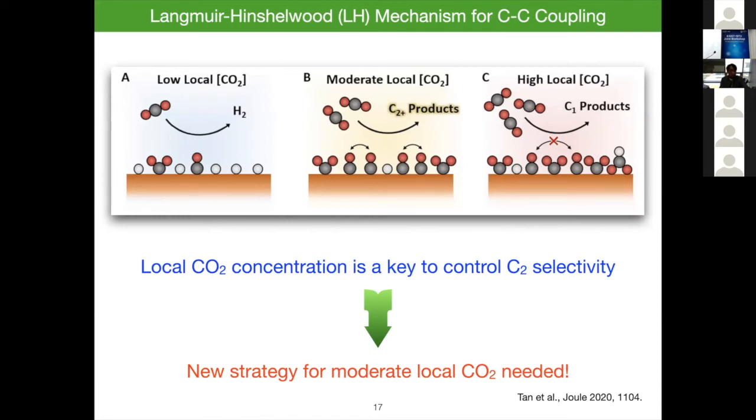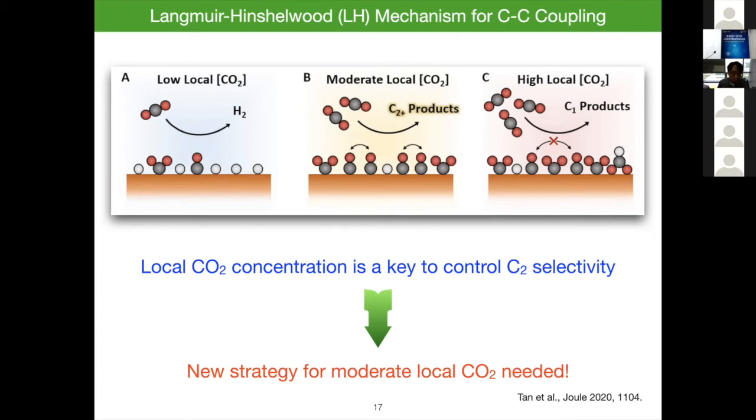So at low CO2 concentration, there's simply not much CO on the surface, so only hydrogen evolution occurs. At a moderate CO2 concentration, we have the optimum surface coverage for CC coupling, but at high CO2 concentration the surface is covered by CO2, so it blocks the sites to form CC coupling.